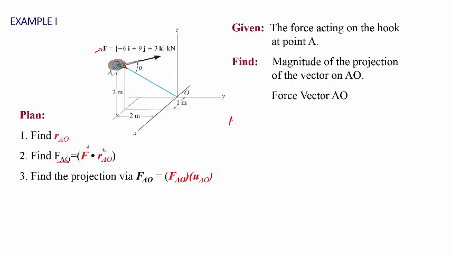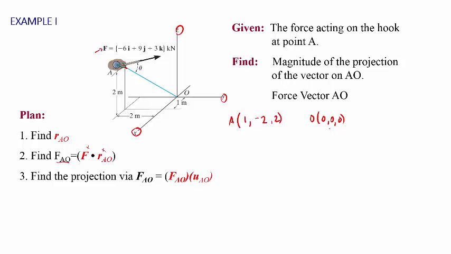For A, my coordinates are in X, and remember this is X, Y, and this is Z. In X, my coordinate of point A is 1. In Y is negative 2. And in Z is 2. I think that is correct. We'll see here. And then for O, of course, it's 0, 0, 0 for that point.